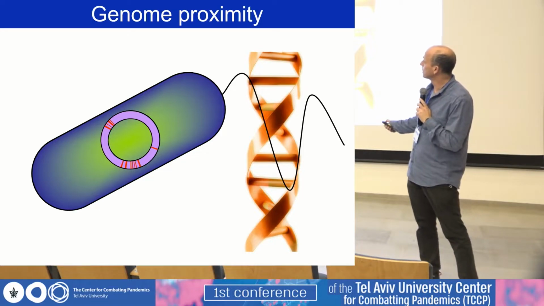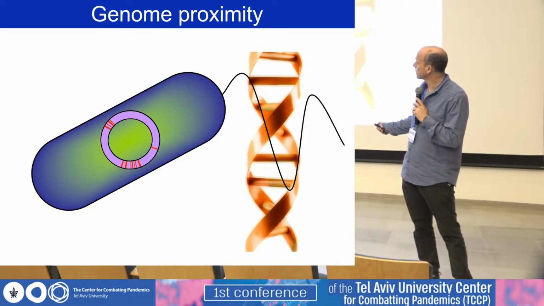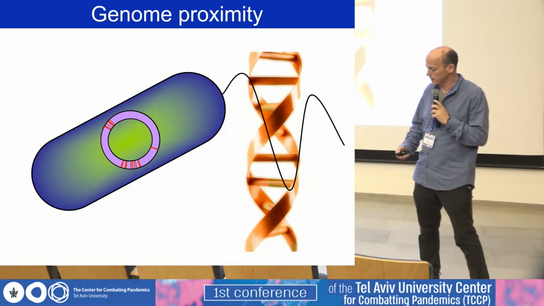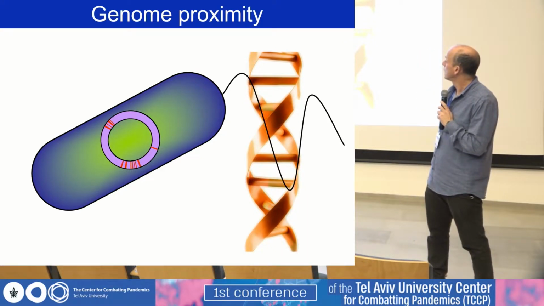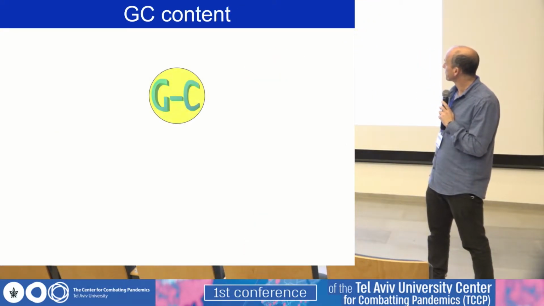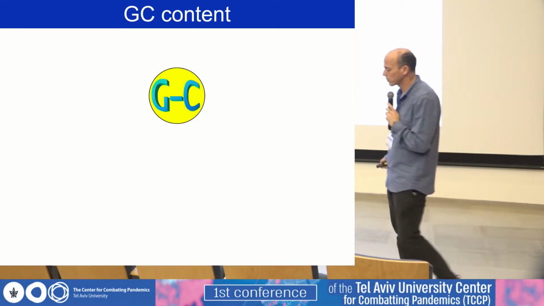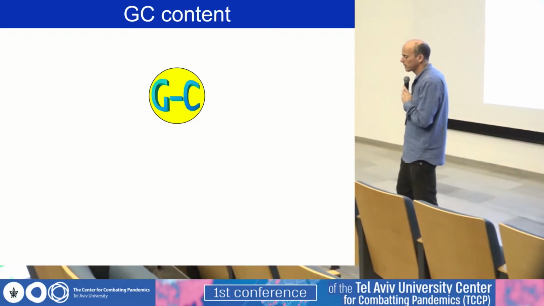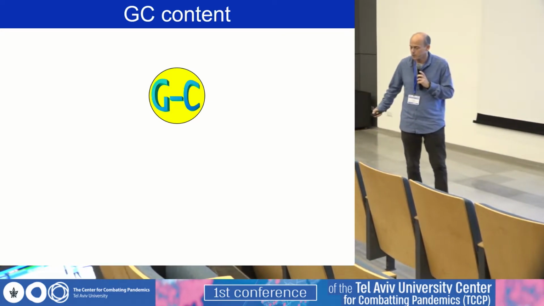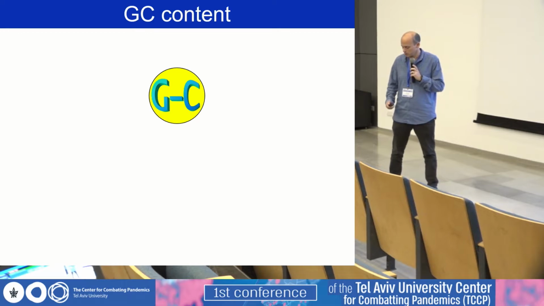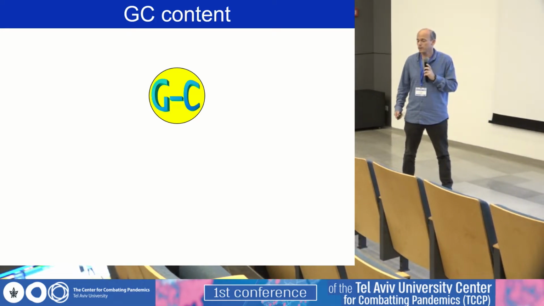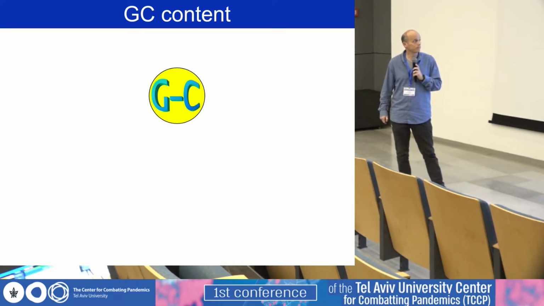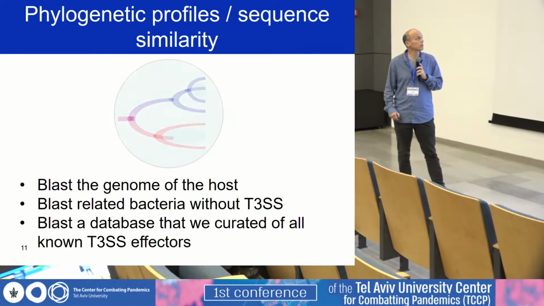They are not equally distributed. So if a gene is next or in the proximity to known effector, it's more likely that it encodes an effector as well. And also the GC content. Many of these pathogenicity effectors are transferred by lateral gene transfer. And when a gene is laterally transferred, often the GC content of the gene is different from the GC content of the recipient genome.